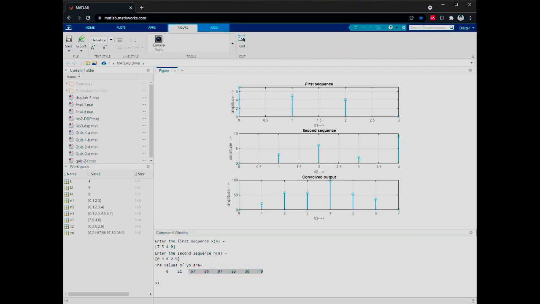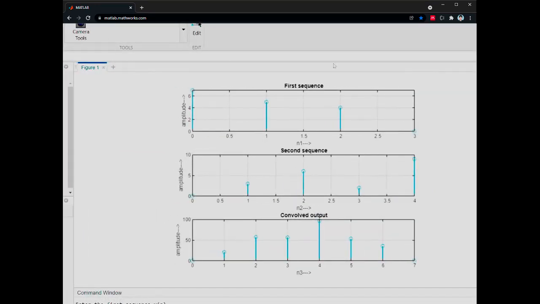So using MATLAB, we can easily compute using the conv function, and as you can see in the figure, it represents the first sequence of 7, 5, 7, 5, 4, and 0.